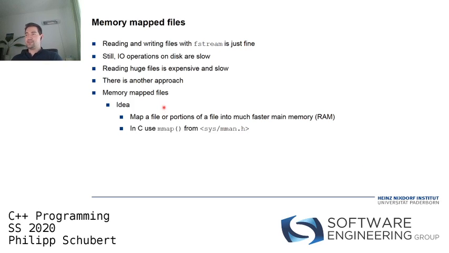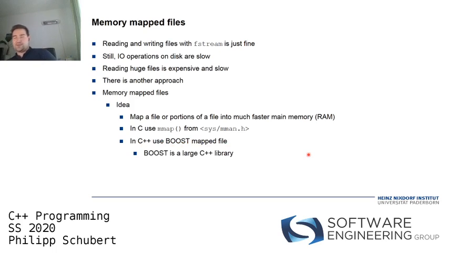In good old C, you will just use mmap, which is a somewhat complicated function which can be found in that header file. But because this is not a C course, you would probably use some library code. In C++, you would use a Boost mapped file. We will have one more lecture where we discuss how to use libraries and what useful C++ libraries there are in practice.